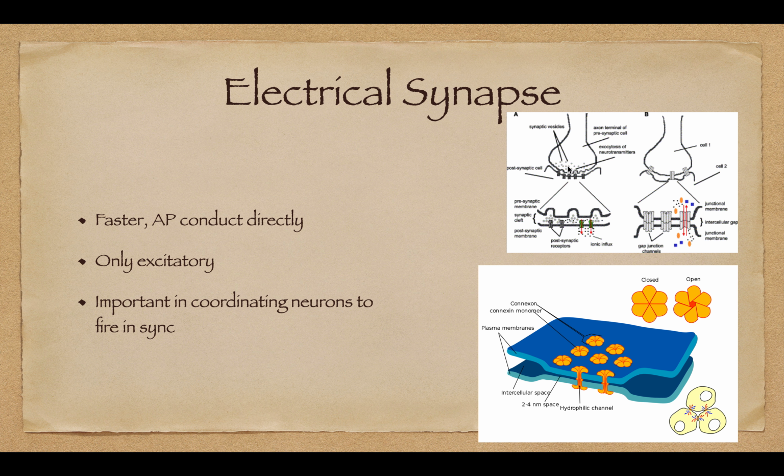So you can see here the same kind of deal. They're going to exocytose the neurotransmitter. Neurotransmitters are going to go across and bind to the receptors in the postsynaptic cleft, and then instead of opening ligand-gated channels, it's going to go through the gap junction channels, and then the action potential will go.